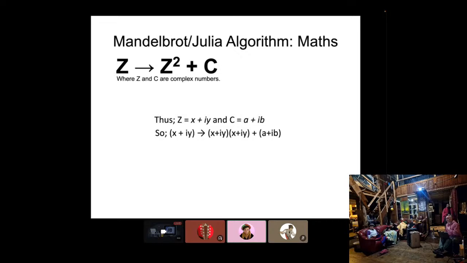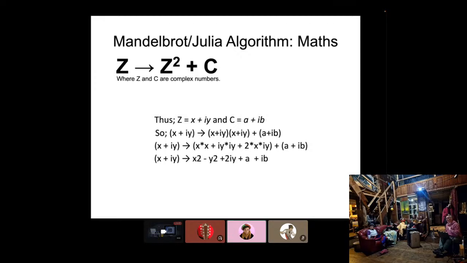The equation is Z squared plus C, and if anybody can remember multiplying things in quadratic equations, you multiply the left and right of the first part with the left and right of the second. So you end up with x times x, y times y, and then x times y twice, so you get 2xy. And then we've still got to add a and b at the end.